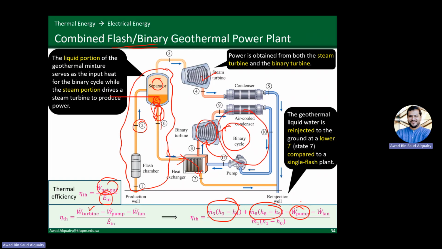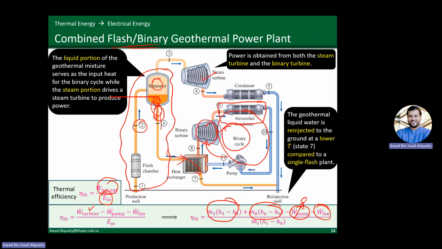Now, the work input for the pump can be negligible in most cases. You can set it to zero. It's really small in most cases compared to the work output from the turbine. But we have to take into account the work input required for operating the fan. And where's the fan? Well, that's the fan that's used for cooling the binary working fluid.